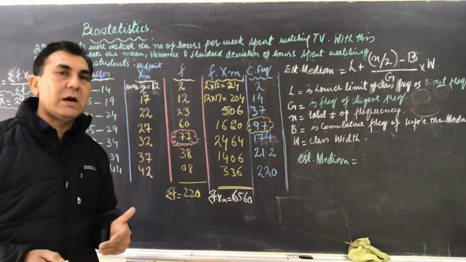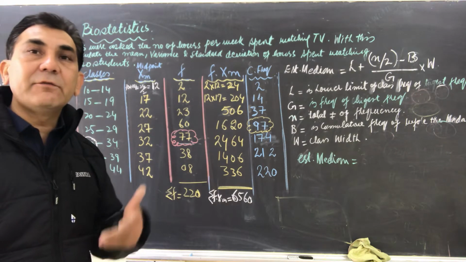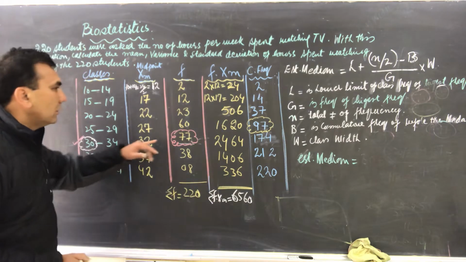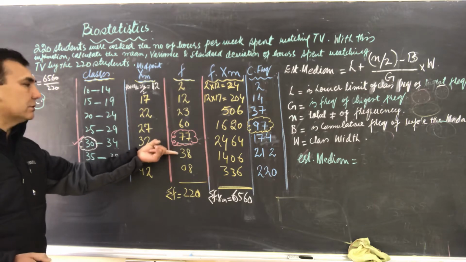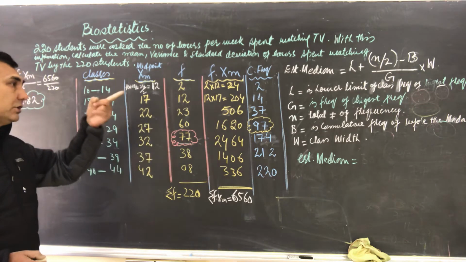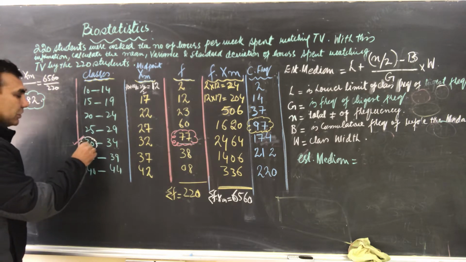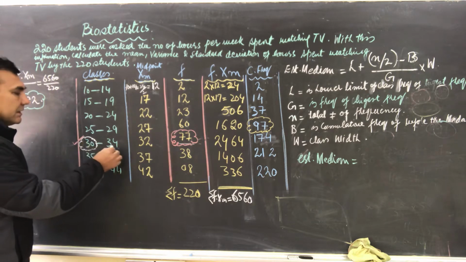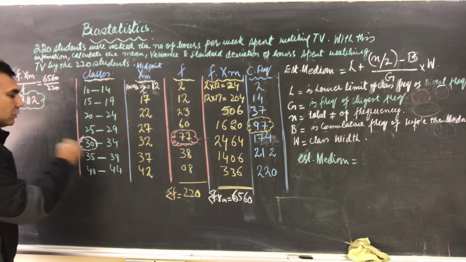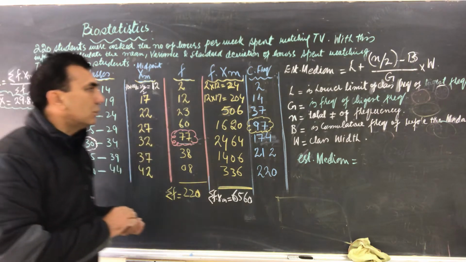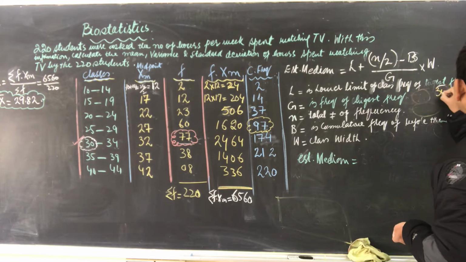But in grouped data, calculating the median and the mode uses a different formula. So what does L say? L is the lower limit of the modal class in this data set. In the fifth class, 30 is the lower limit and 34 is the upper limit. So 30 is the lower limit of the modal class. What is the value for L? It is 30.